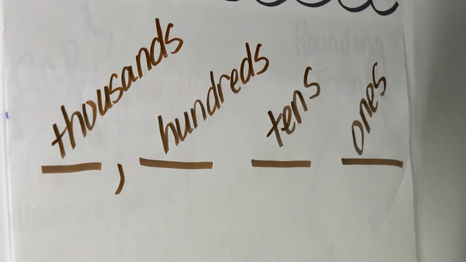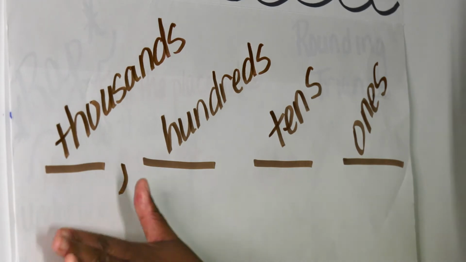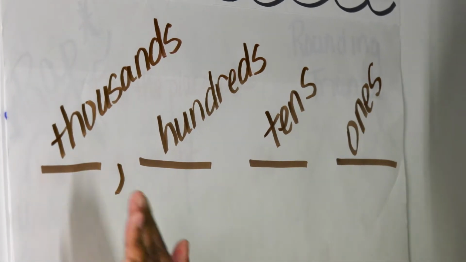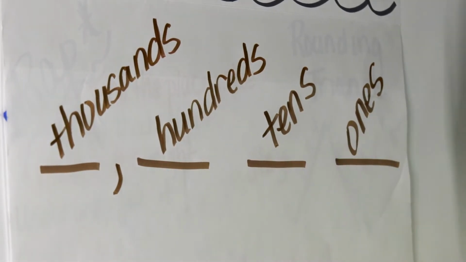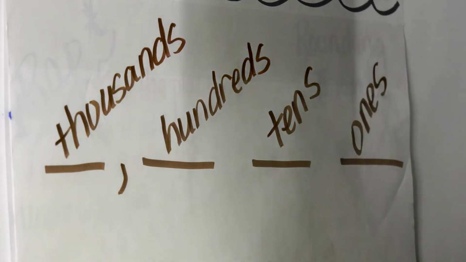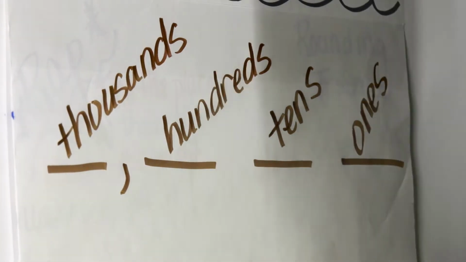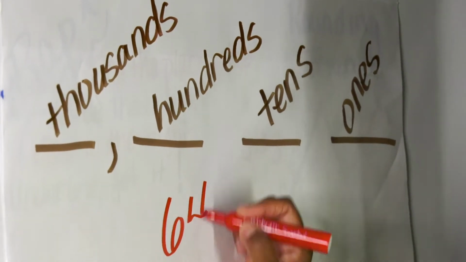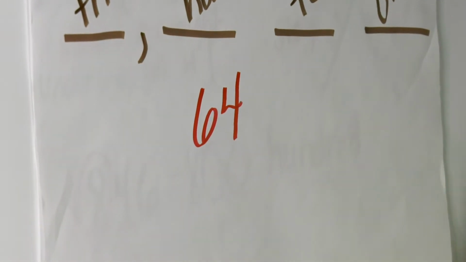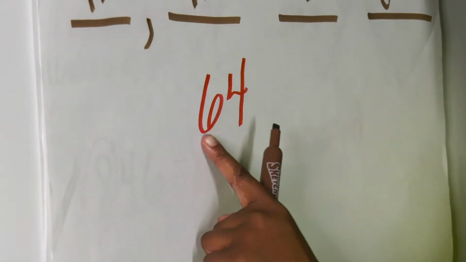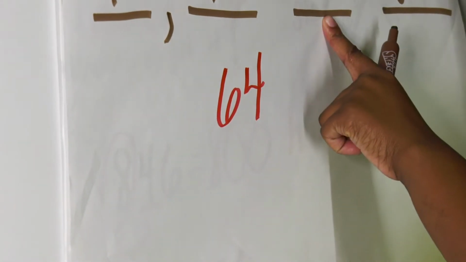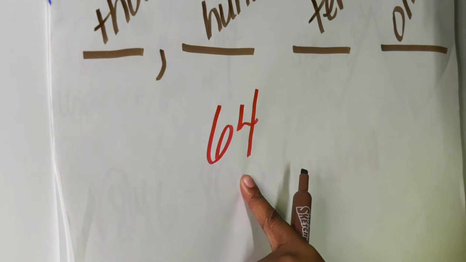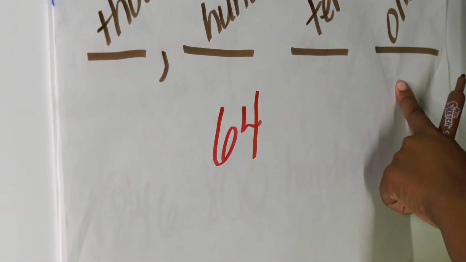Before we get into our lesson, it's very important that you understand where these place values are located in a number. So let's do a little practice. If you have the number 64, you need to understand that the 6 is in the tens place and the 4 is in the ones place.